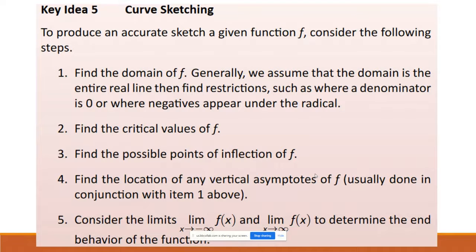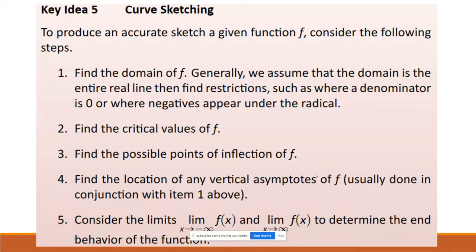Similarly, with a root function, you can only have the square root of a positive number or 0. You cannot take the square root of a negative number as long as you have a real function. So step 1 is to find the proper domain, which really depends on how the function is defined. That's a case-by-case scenario.